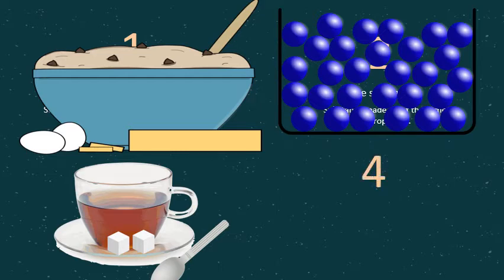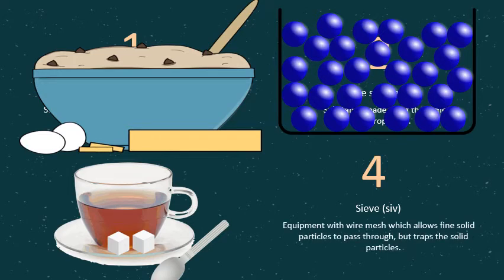Then we have number four, a sieve. So how does a sieve look and where can we use it? It is equipment with wire mesh which allows fine particles to pass through but traps the solid particles.